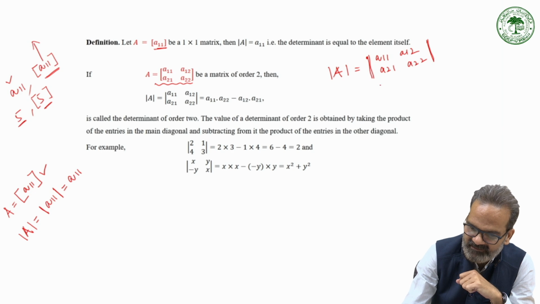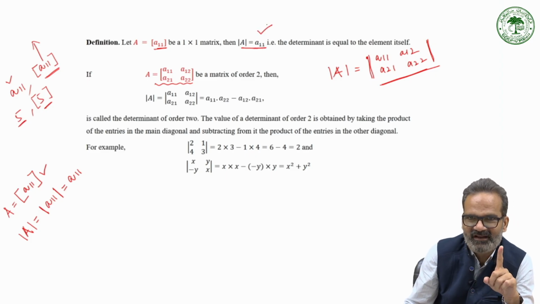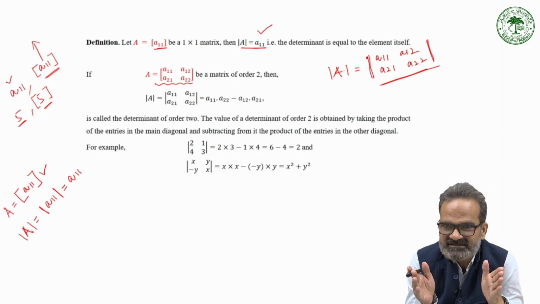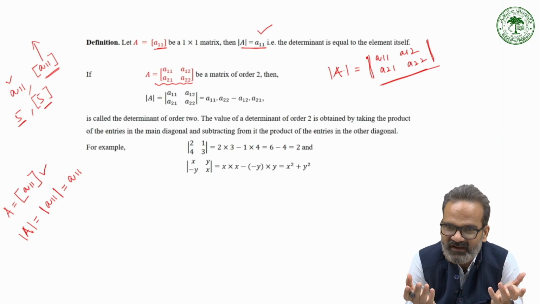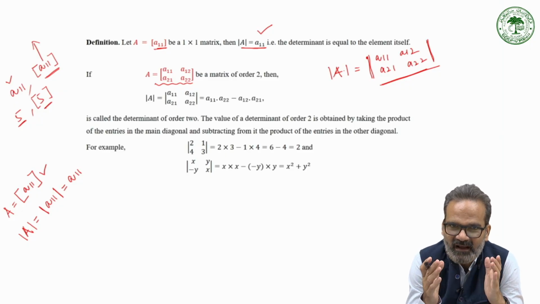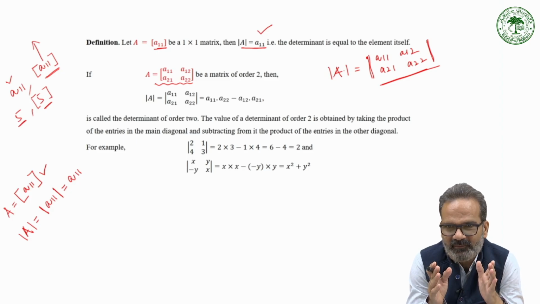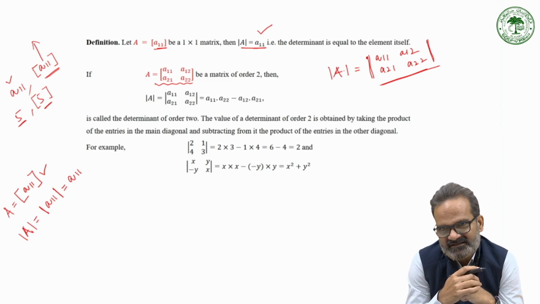Now after writing down a determinant of order 2, here in this case, this is the determinant of order 1 and the value of the determinant is A11 itself because it contains only one element. But here the determinant contains 4 elements A11, A12, A21 and A22. We will have to find out its value, and the value of a determinant of order 2 is simply obtained by multiplying the first diagonal minus the second diagonal.